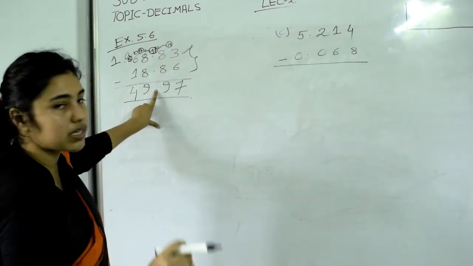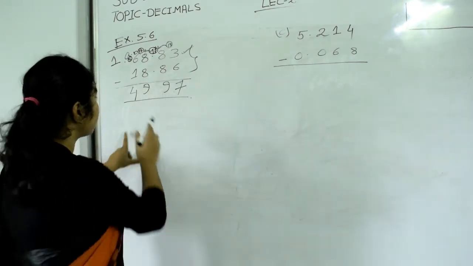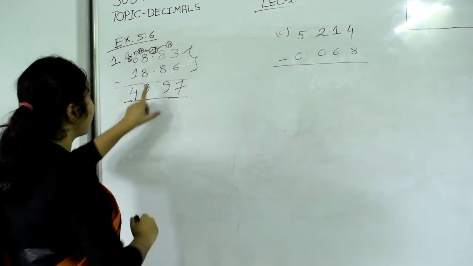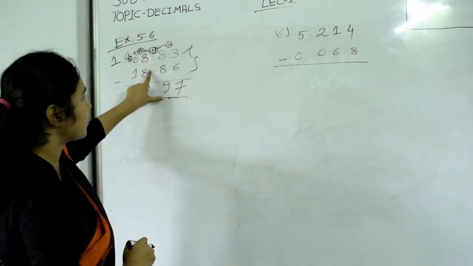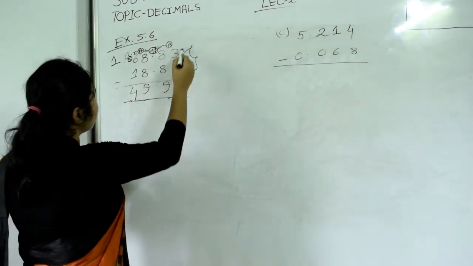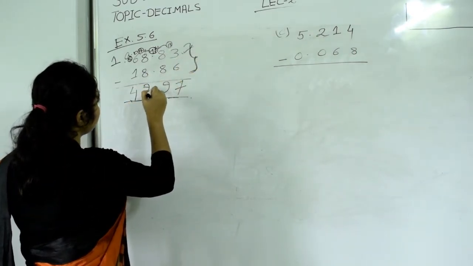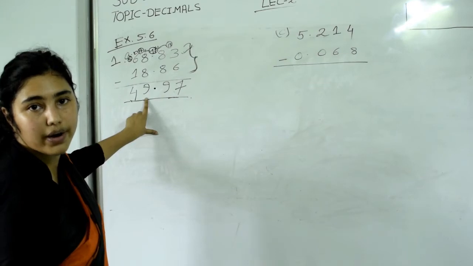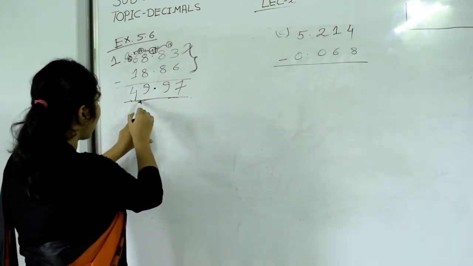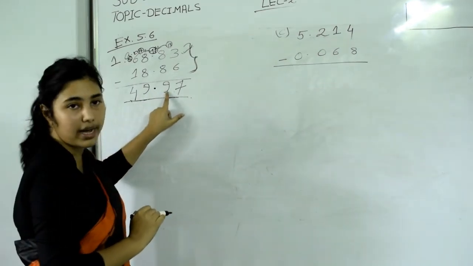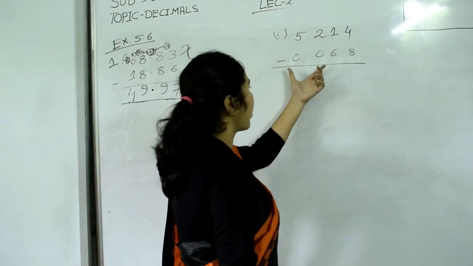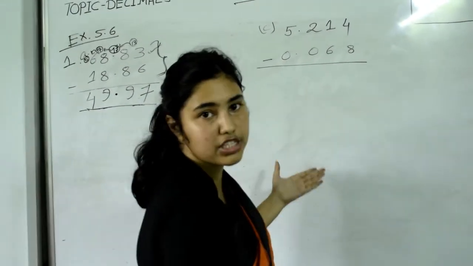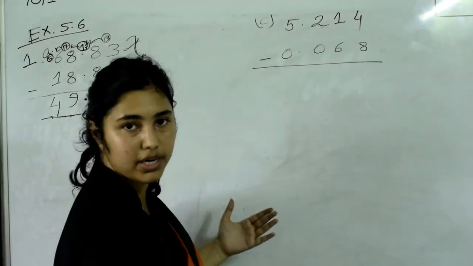Just insert the decimal point in this difference directly below these two decimal points. So our answer is 49.97. Here also first subtract these two numbers as you do with whole numbers.